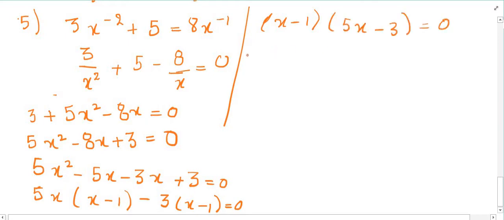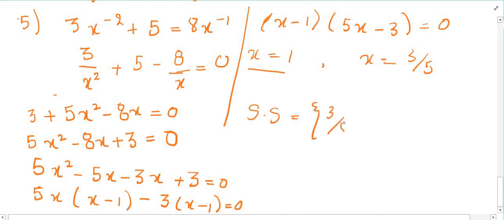Now either x minus 1 equals 0 or x equals 3 by 5. Now again substitute it? Oh yes, we are not going to substitute again, because in this equation we just shifted that variable x to the denominator. So these are the required roots. So the solution set is 3 by 5 and 1. Clear?